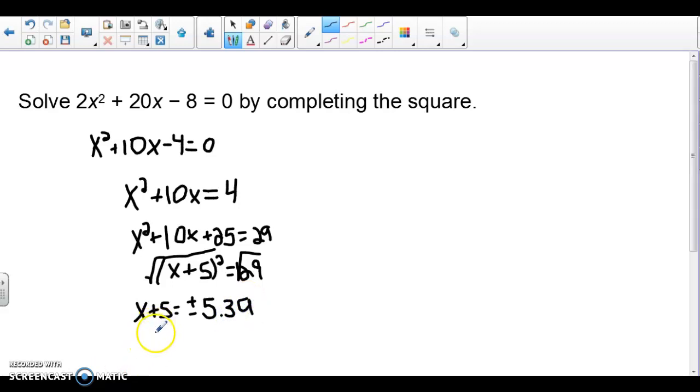And now I'll just subtract 5 from both sides. So if I subtract 5, I'll get my two answers to be x equals 0.39 and x equals negative 10.39.